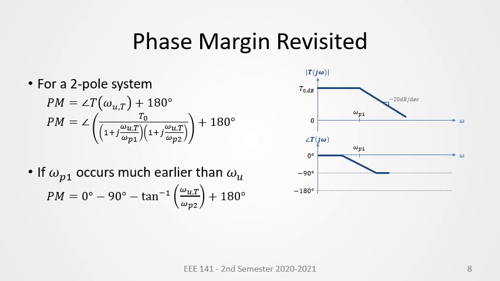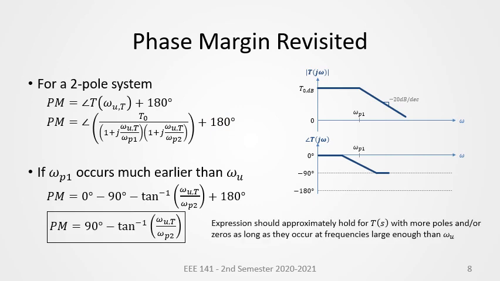Thus, the phase margin is approximately equal to 0 degrees for the phase of T0, minus 90 degrees for the contribution of the first pole, minus tangent inverse of omega u over omega p2, plus 180 degrees.